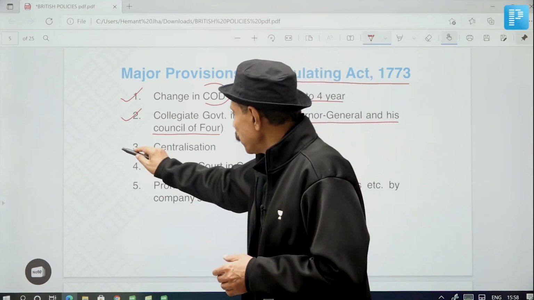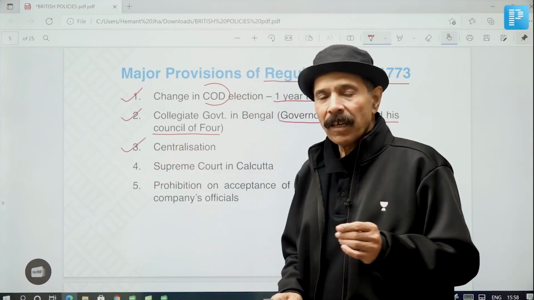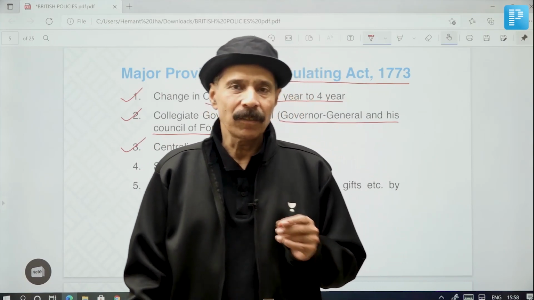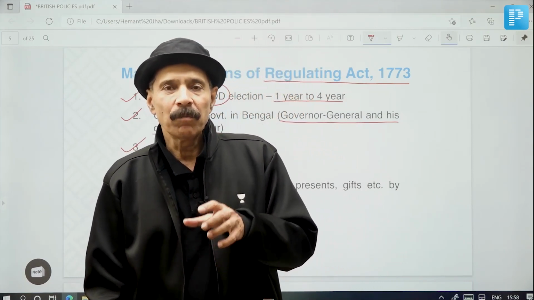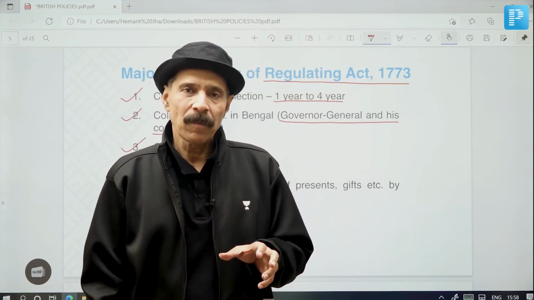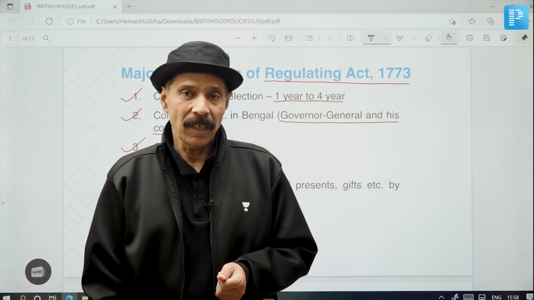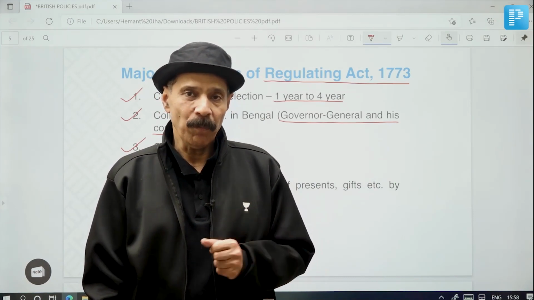Number 3 is centralization. Centralization means here that the Governor General of Bengal and his council were given some powers and control over the other 2 presidencies, Madras and Bombay.